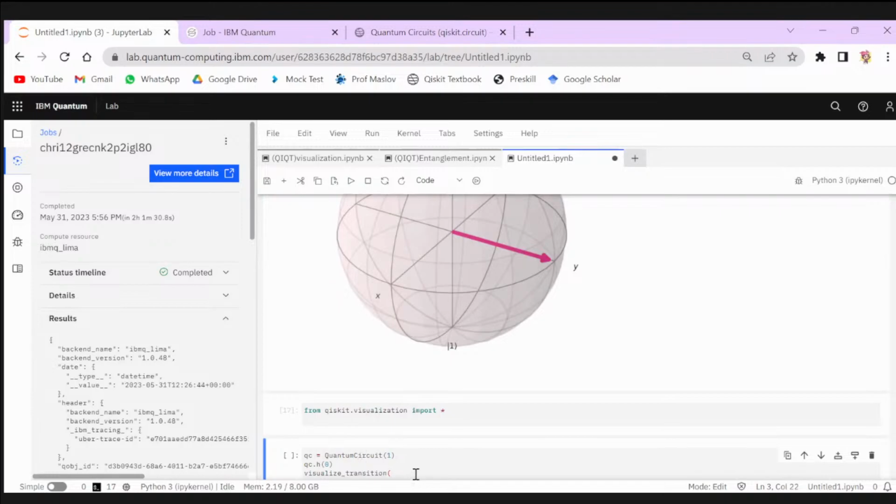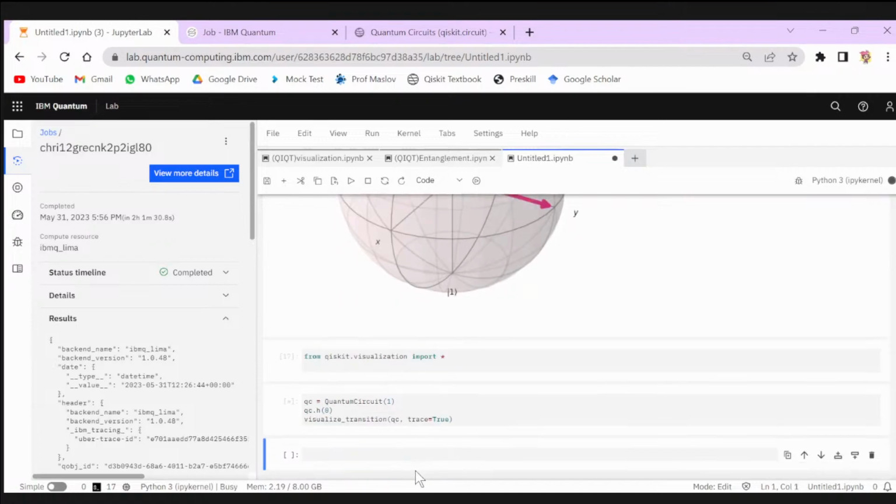Now with this visualize_transition function, let's try to visualize the state. It will take some time. Does anyone have any questions?